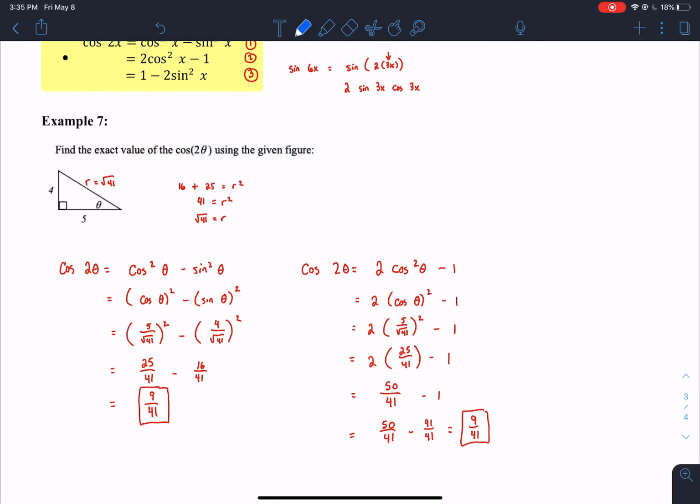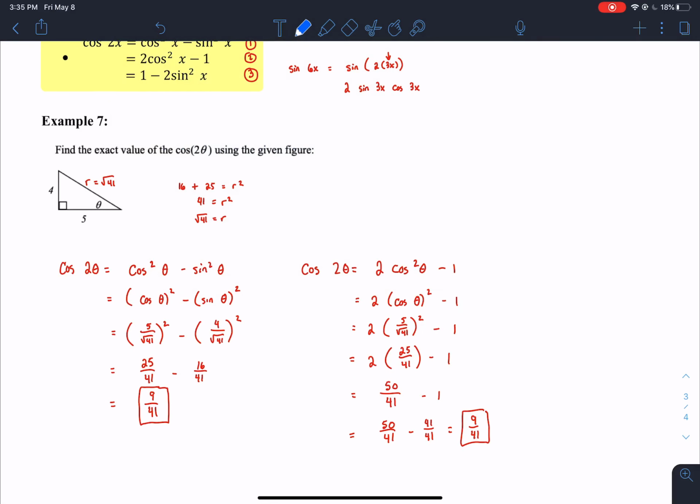So this is going to be 2 times 20 over 41, and that will give you 40 over 41. Again, that's just practicing using the formulas based off of the triangle that you're given.